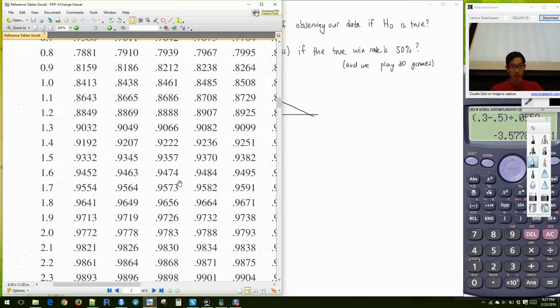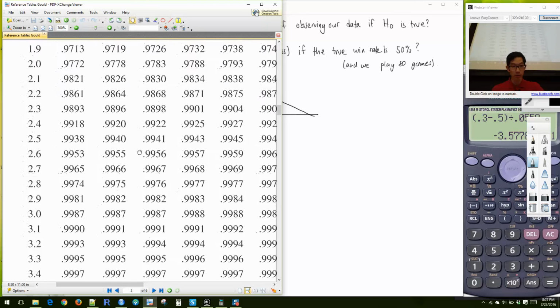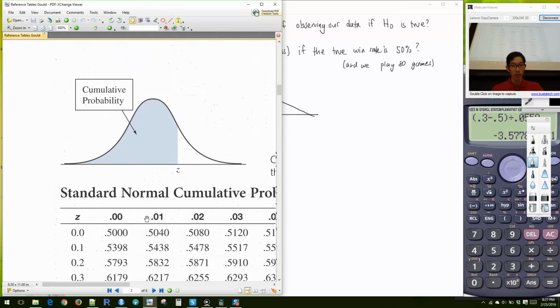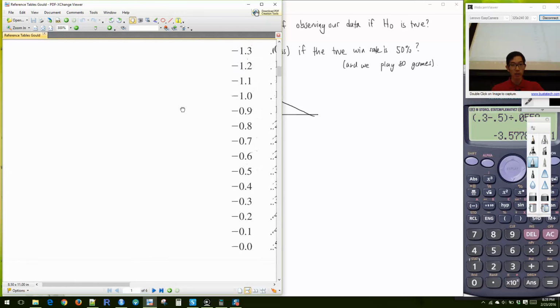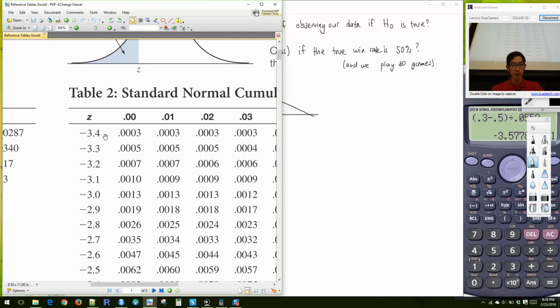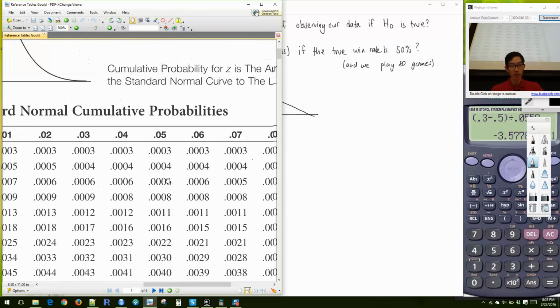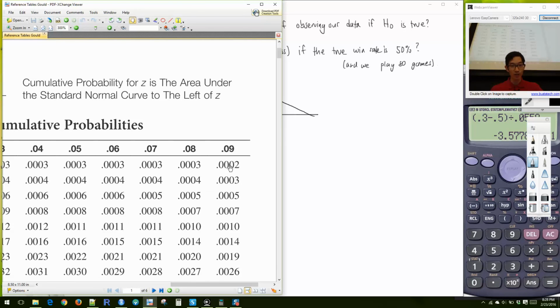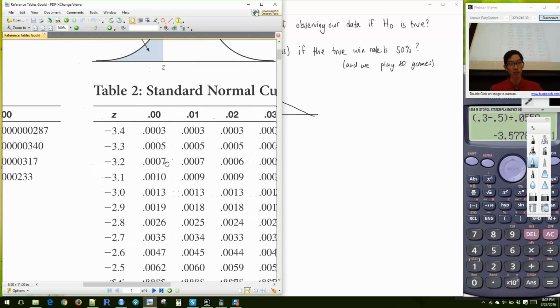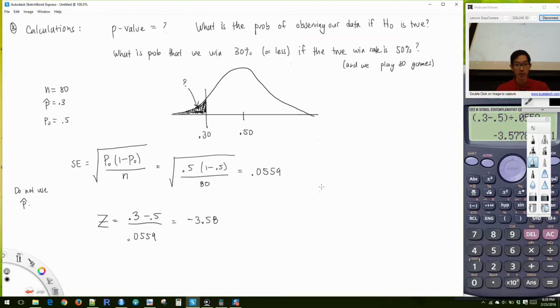So I want the negative side. Oh, my table only goes to 3.49. So the value I got is off the charts, literally. So this is not on the chart.